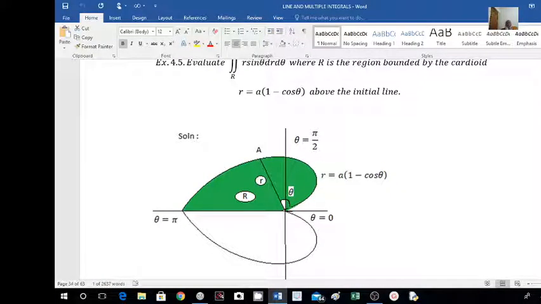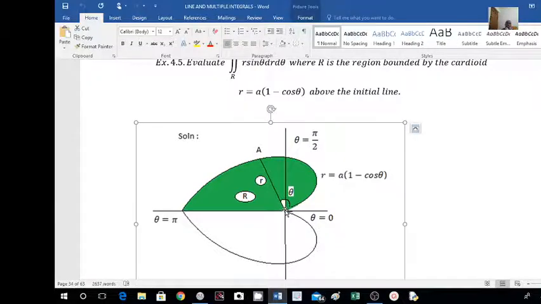This portion above the initial line is my region of integration. Now here r starts from the initial point, the origin, and it goes up to a point on the curve. On the curve, the value of r is a into 1 minus cos theta.